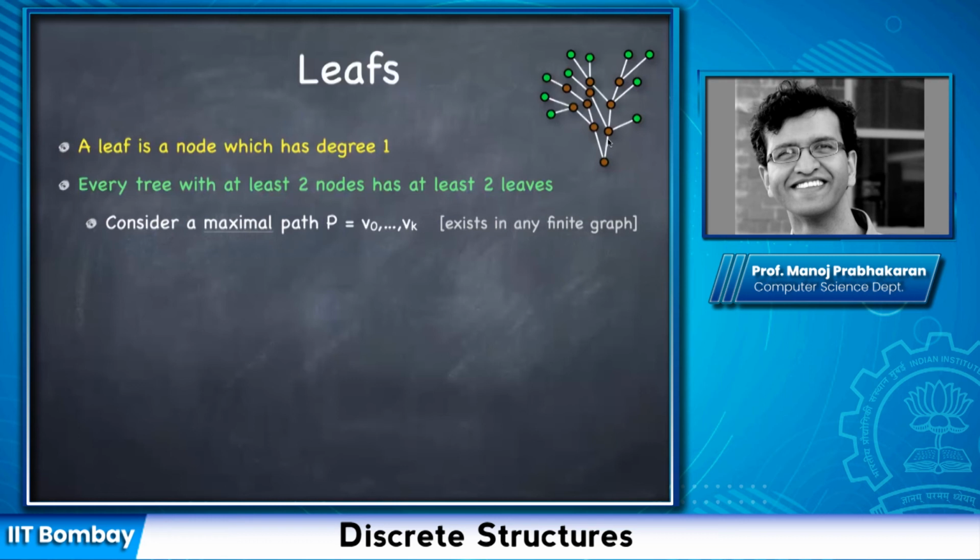Remember, we are trying to pick a path, so we cannot repeat a node. So you stop when you cannot pick any more nodes which are not already picked.